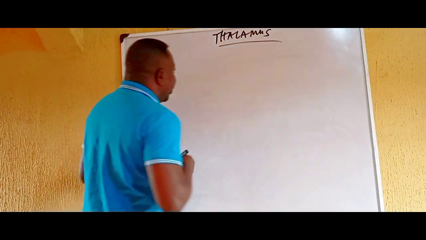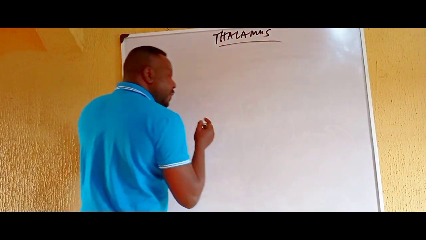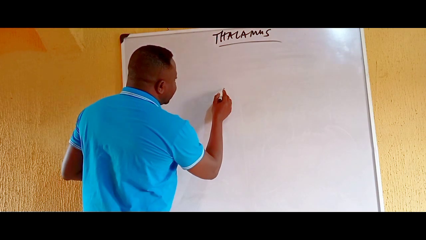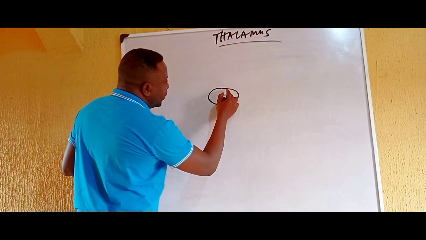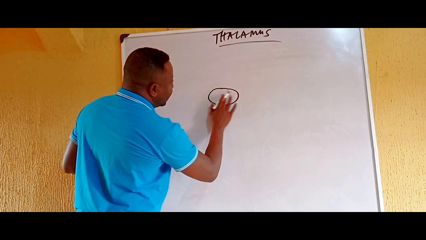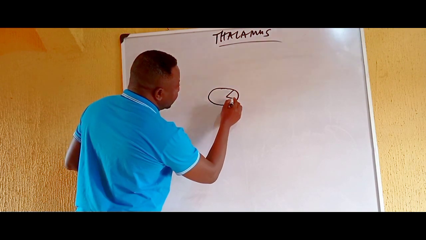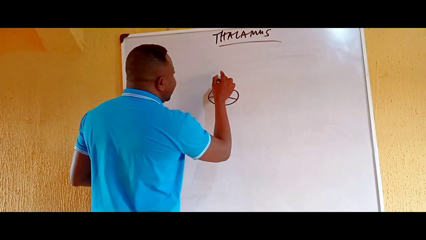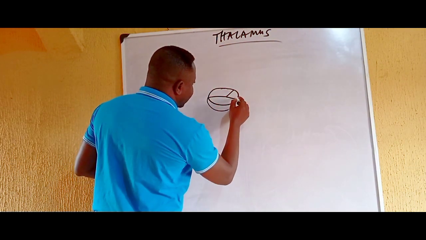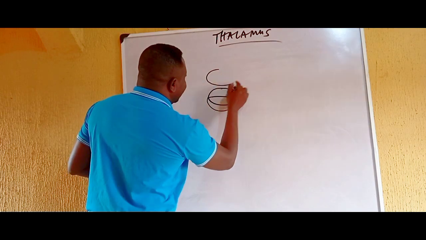Now let's draw the structure of the thalamus. These are thalamus. This is one thalamus. This is another thalamus.